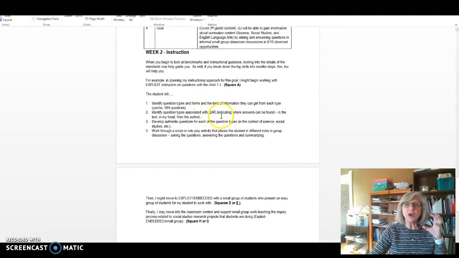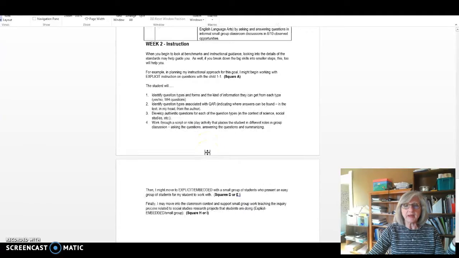He has to know and use questions to ask about information that he doesn't know, new information. We might develop authentic questions. We might work through a script or role play where he's asking and answering questions. That's very explicit instruction about questions, right? So that's where I might start.